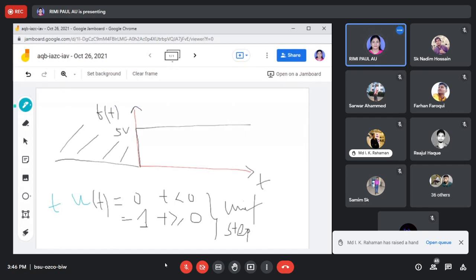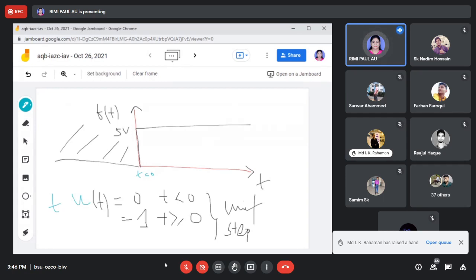Now you can see that this signal started from t equal to 0, right? And from this it is moving on. But it may happen the signal does not start from t equal to 0.